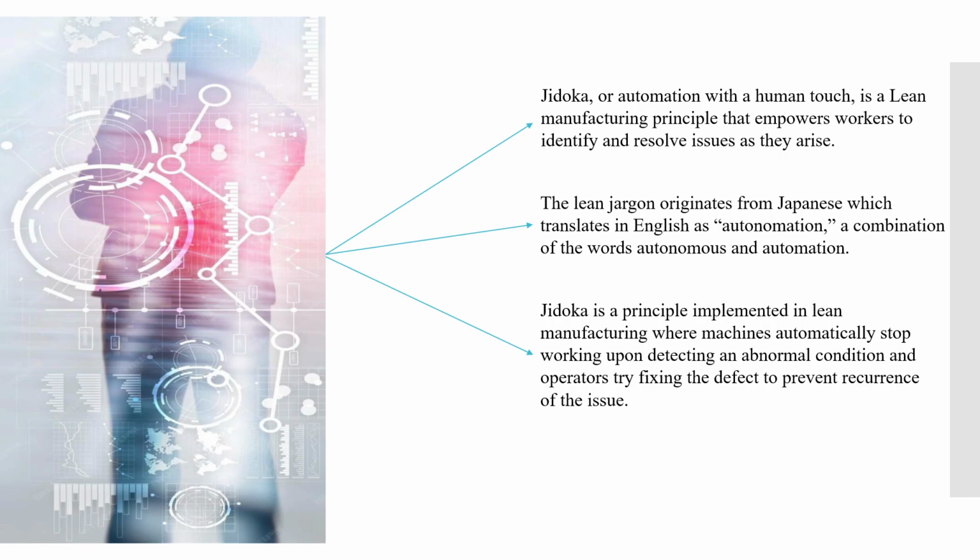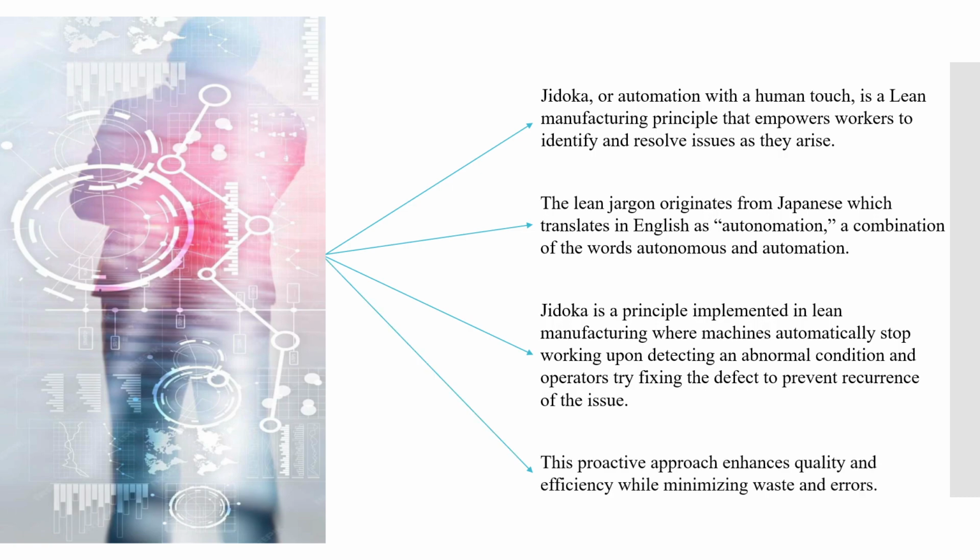So once any defect or abnormality occurs, the machine will stop automatically, and the respective employee of that machine will fix the problem in such a way that it is eliminated from the root cause and the problem will not occur again in future. So in such a way, we have to design the systems, the organization and the process where there will be a touch of automation with human intelligence.